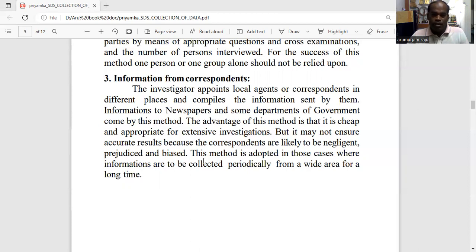The advantage of this method is that it is cheap and appropriate for extensive investigation, but it may not ensure accurate results because the correspondents are likely to be negligent, prejudiced, and biased. So this is the information from correspondence.